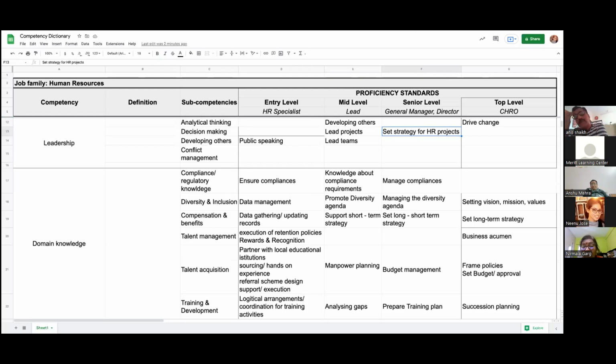So promoting leadership, building leadership is one top competency which you feel is required. Now, at a top level, as head HR, one drives change. Other than that, can you tell me one or two more behaviors when you are building leadership? Being a role model.